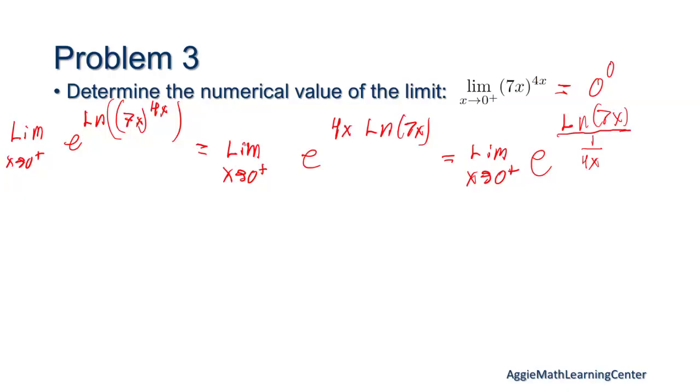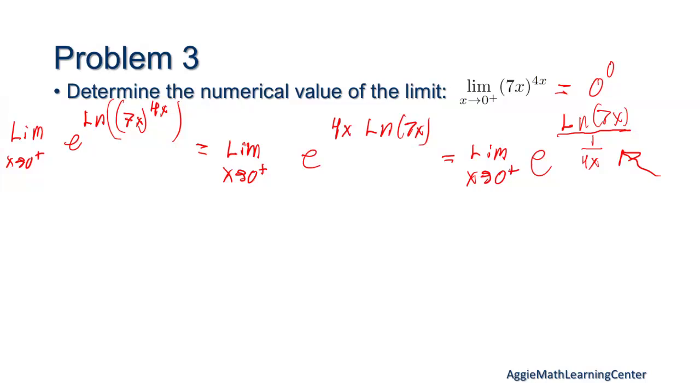And now we're in our L'Hopital's kind of like quotient that we want. So now I am purely going to focus on this power. I'm going to ignore the e for now, and I'm going to look at the power. And the power looks like something I can do L'Hopital's on. So let's do L'Hopital's for it. So the power, it's going to be derivative of the top.